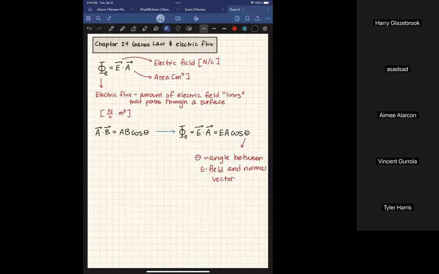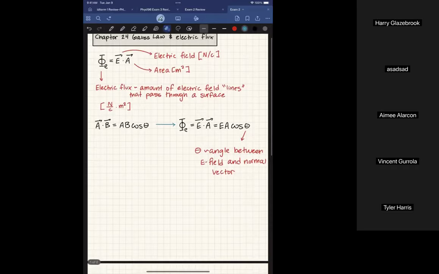So for instance, if I have a surface here, oh, that's terrible. And I have an electric field passing through it. Here's my electric field vector.